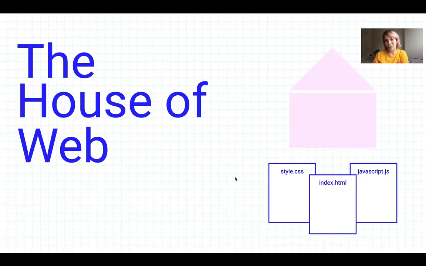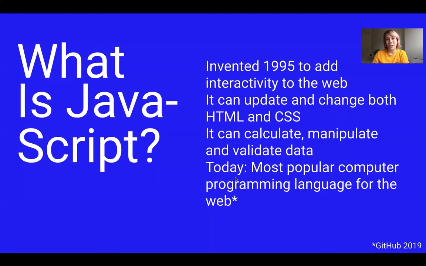Let's look at JavaScript a little bit more. JavaScript is a programming language and it was invented in 1995. And if you think about the CSS and the HTML parts of websites, then JavaScript really has a superpower.